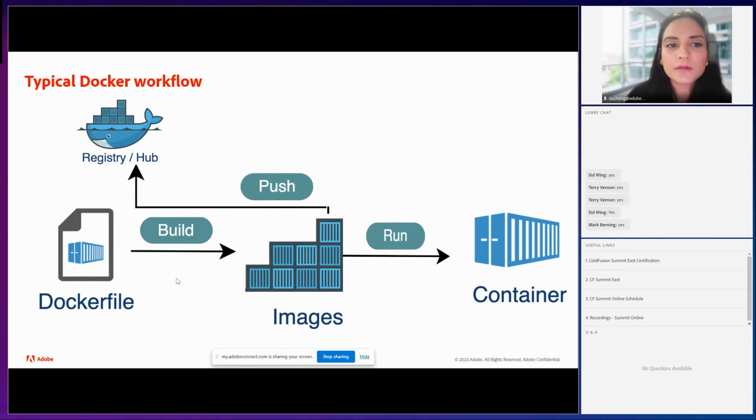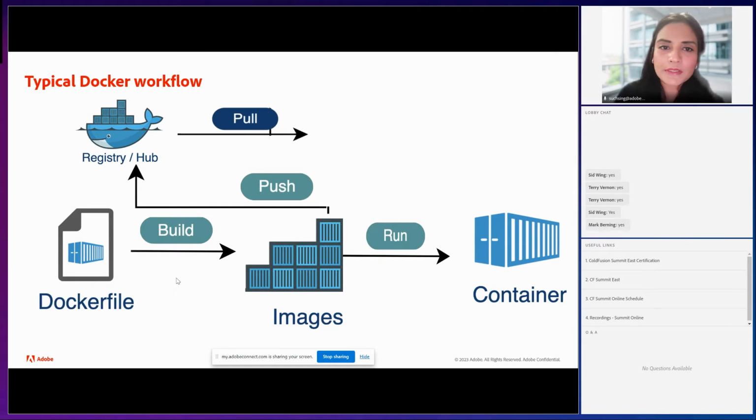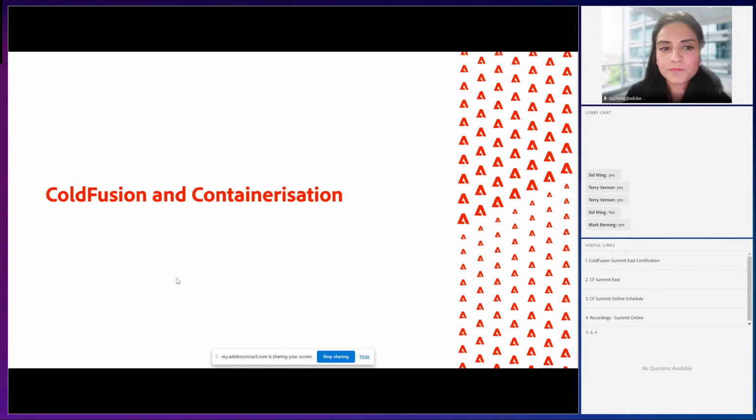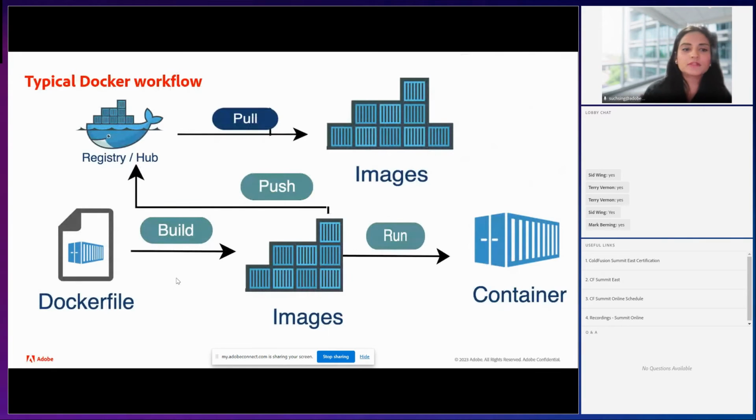So you push that Docker image, and then anyone from your company, or if it's publicly available, anyone, can pull that Docker image from the registry, and from that image they can build a container. So this is a typical Docker workflow. It starts with a Dockerfile, then you build an image out of it, and then you push that image to a registry.